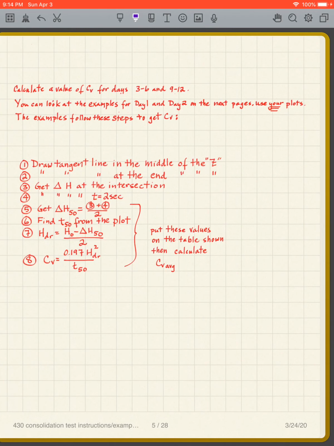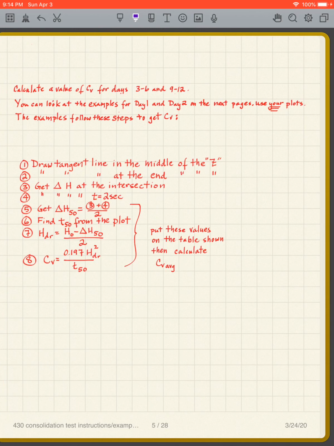Like I say, there are different things that we need to calculate, and what we're going to do after you plot it is look at the whole plot and then get down to those last points that I was talking about.